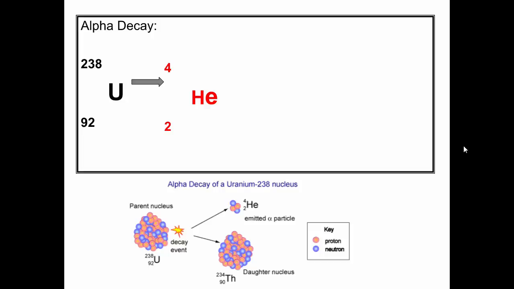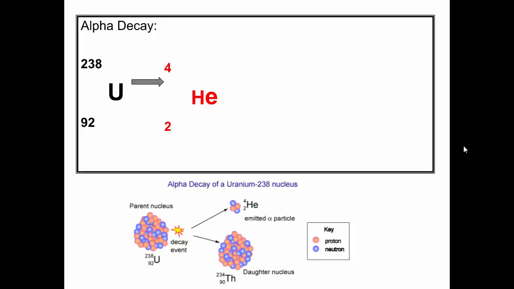So if this uranium atom is sending off this alpha particle, what happens to its atomic number? Grady? It goes down by 2 protons. Just sent off 2 protons in this alpha particle. So its new atomic number would be what? 90. What happens to its atomic mass?